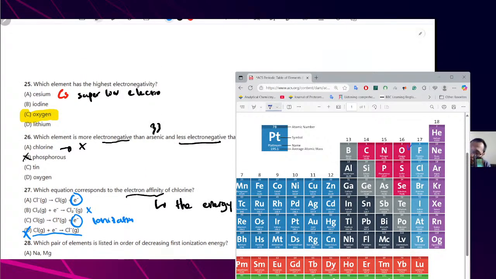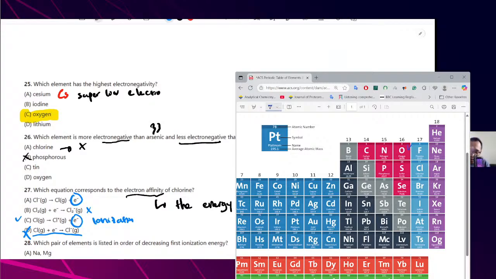And if we want to take a look at the ionization, this one is correct. So the energy needed to remove one electron, and this one is gaining one electron.